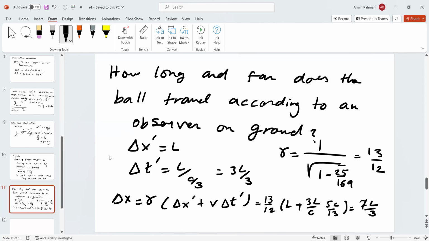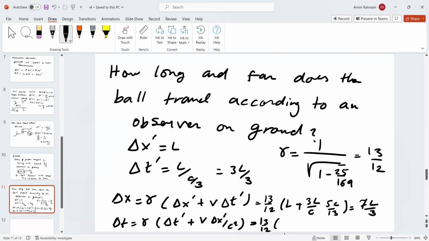Similarly, to find how long has passed between those same two events in the frame attached to the ground, we can use the other Lorentz transformation. So let's say delta t is gamma times delta t prime plus v delta x prime over c squared. So 13 over 12.